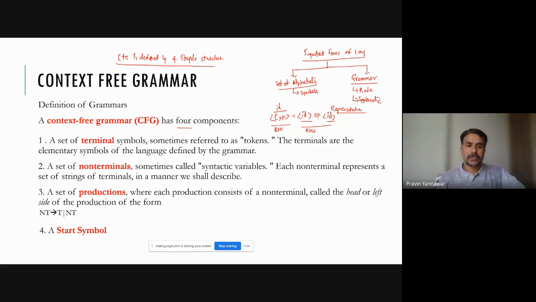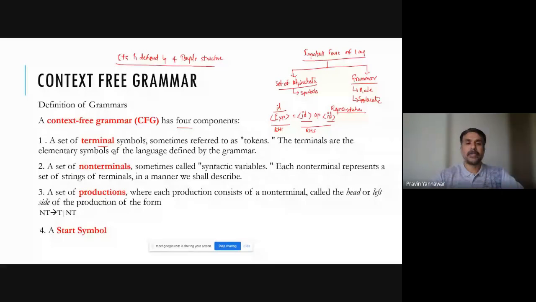It contains as the first part the terminal symbols, which we have already defined. Terminal symbols are particularly represented by lowercase letters, and they refer to the tokens. The terminal symbols are the elementary symbols of a language defined by the grammar. Their most important characteristic is that they cannot be extended.